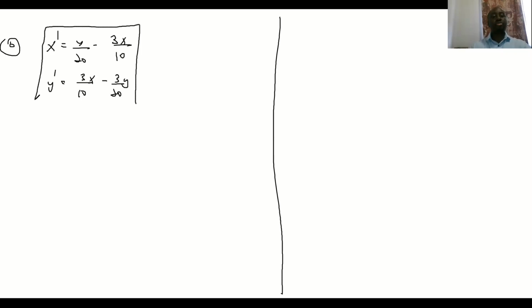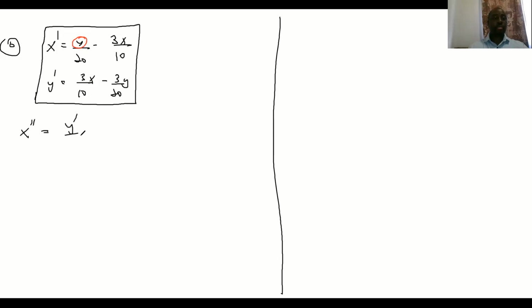Now I'm going to choose to write this into an equation involving just x. So I'm going to convert this to a second order equation involving x, which means that I need to replace y in equation 1. So I'm going to start off by differentiating equation 1.